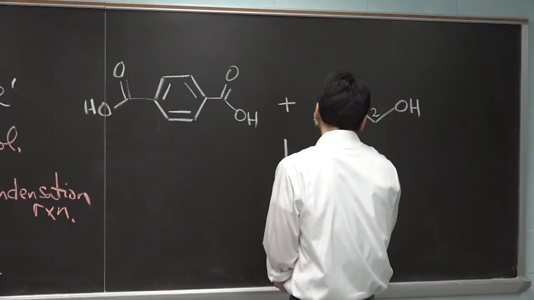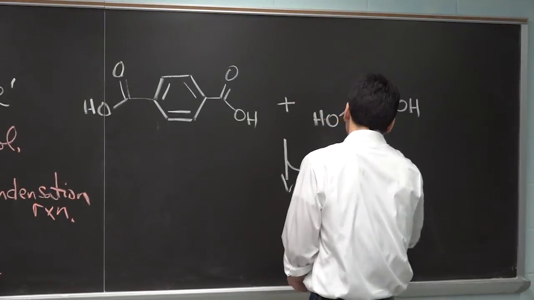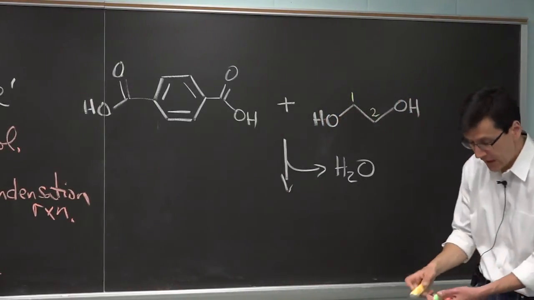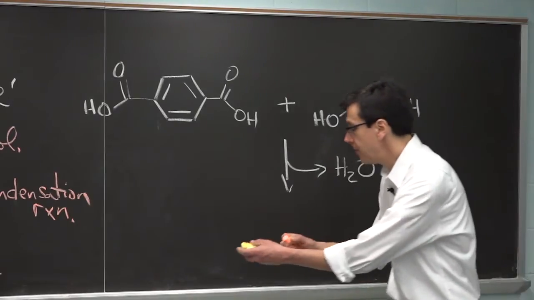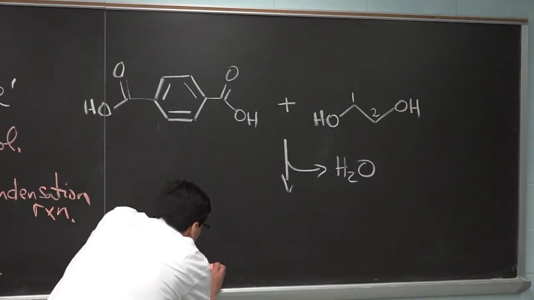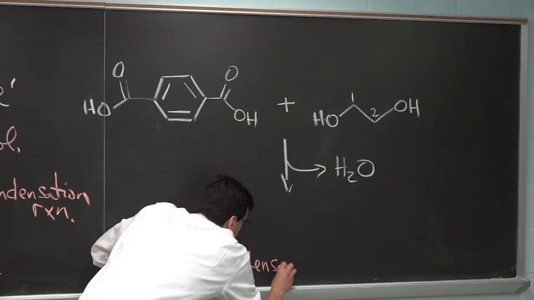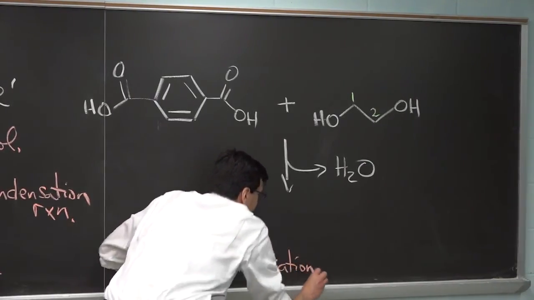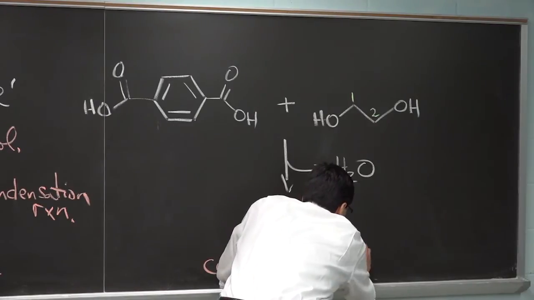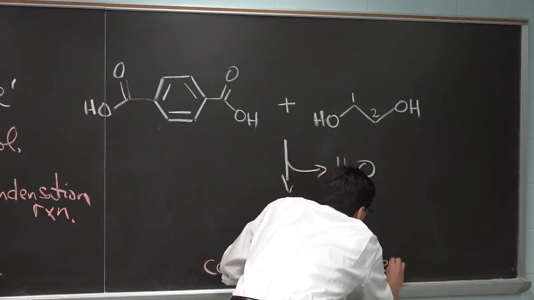I removed water. The claim is that I will get a polymer. This type of polymer, because it's formed via a condensation reaction, can be referred to as a condensation polymer.